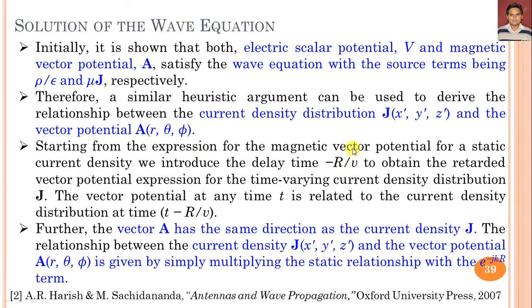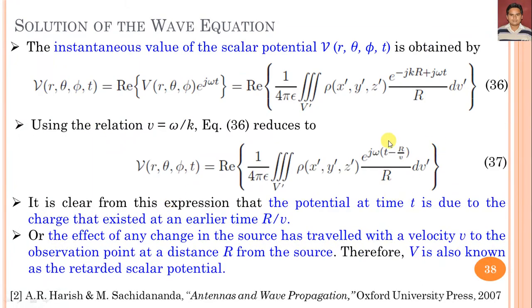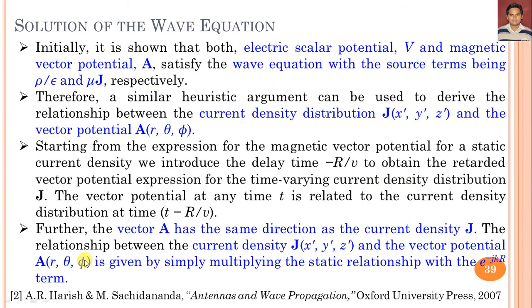Starting from the expression for the magnetic vector potential for a static current density, we introduce the delay time t minus r by v to obtain the retarded vector potential for the time varying current density distribution J. So the vector potential at any time t is related to the current density distribution at time t minus r by v.